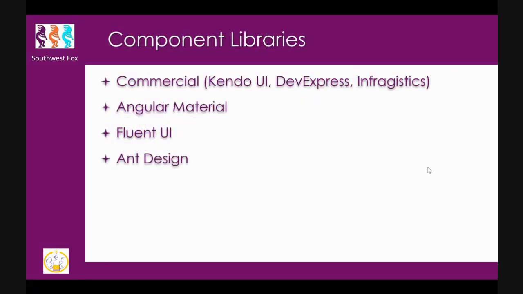Component libraries. There are, of course, the commercial offerings that have been around for a long time, like Telerik, Kendo UI, DevExpress, Infragistics. So if you've got some complex controls like calendars, scheduling tools, charting, full-featured grids, you'll definitely want to check these out. And they usually have controls for any of the SPA frameworks. There are also several free libraries with basic controls.